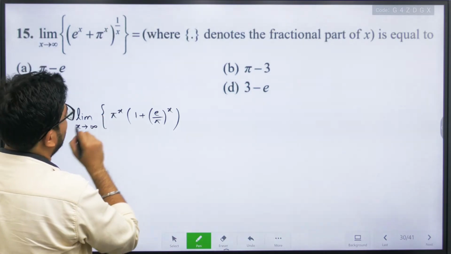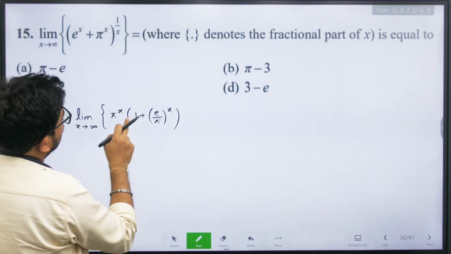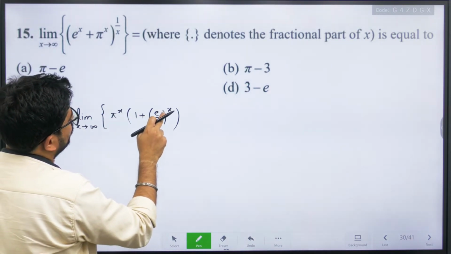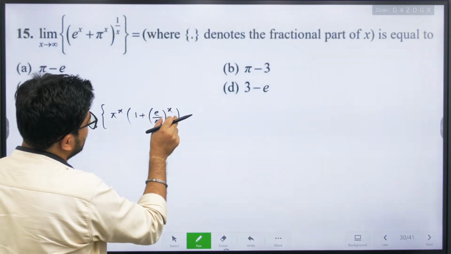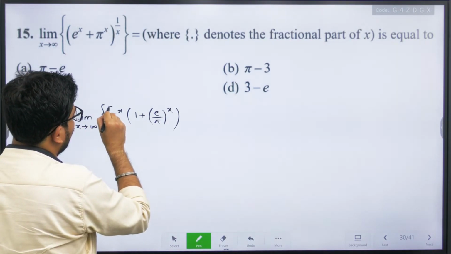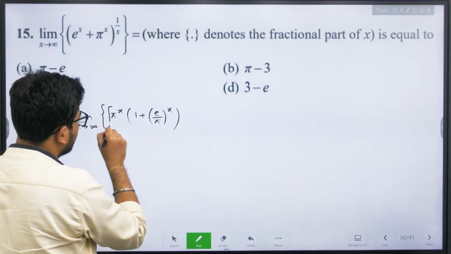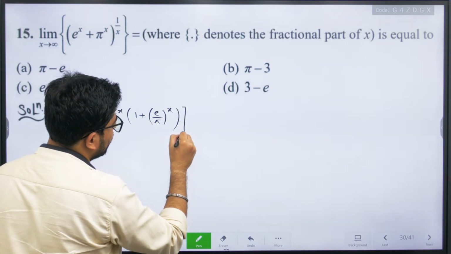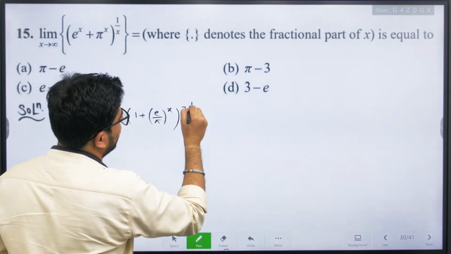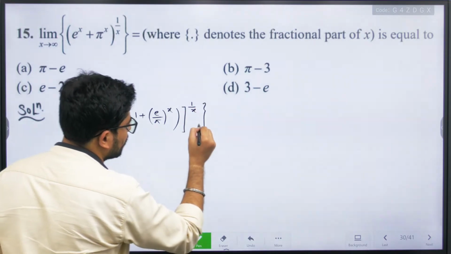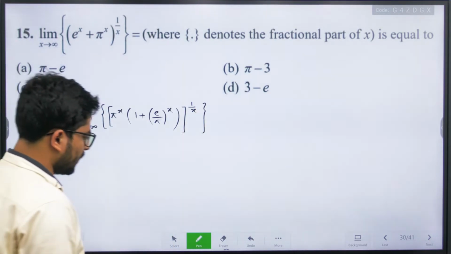This thing is 1 plus (e by pi) to the power x, and whole to the power 1 by x. Fractional part function. Got it?